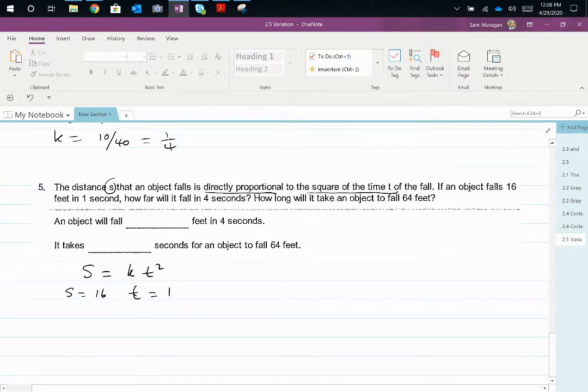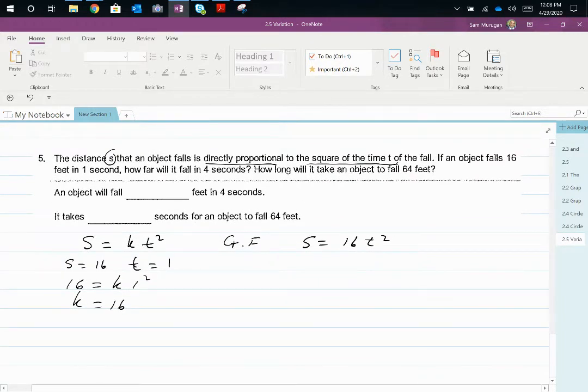So we need to write our general formula before we can answer the questions. So we have to find k. So 16 is equal to k times 1 squared. So k is equal to 16. So the general formula is S is equal to 16 t squared.